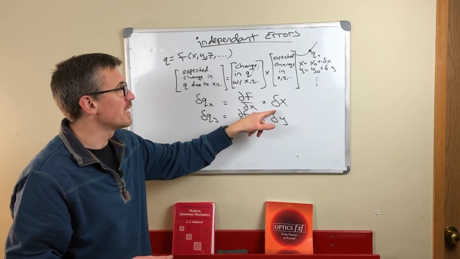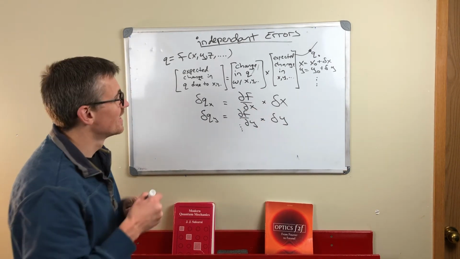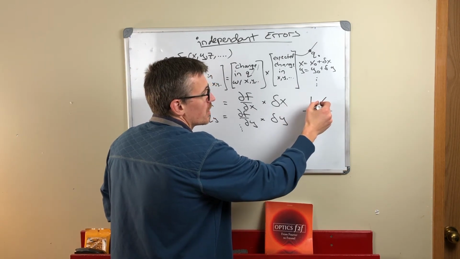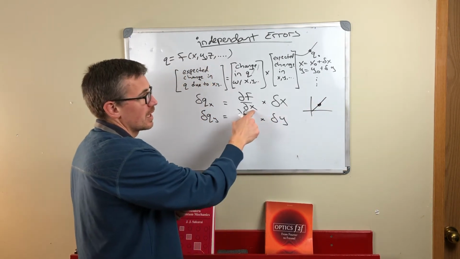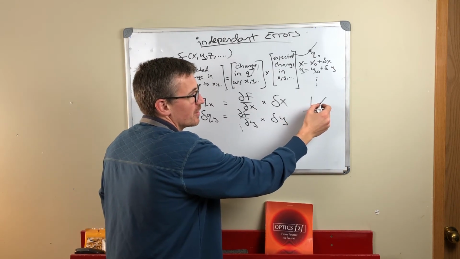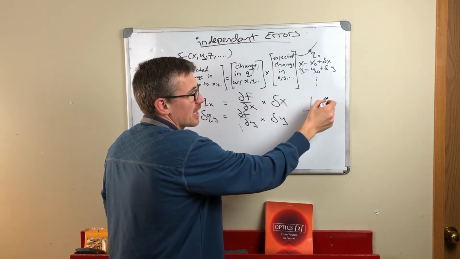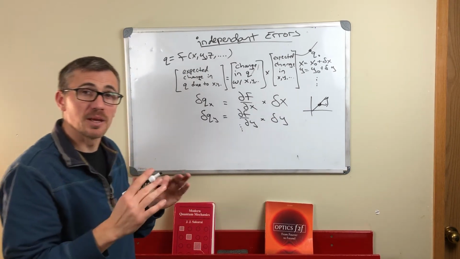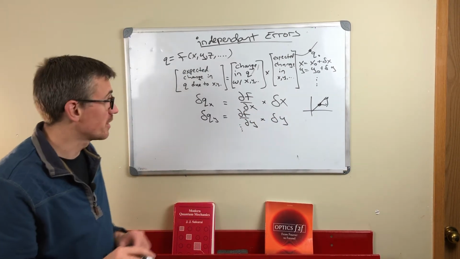What we've done is we've linearized it. That's not a word. What we've done is we said, look at the slope and multiply it by that amount of x, and that's how much Q is going to change along those directions. So we're actually assuming that our errors are small here, but that's about it.